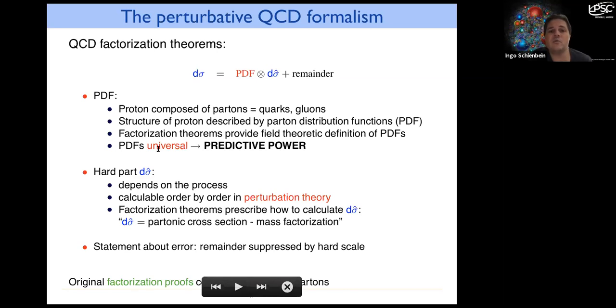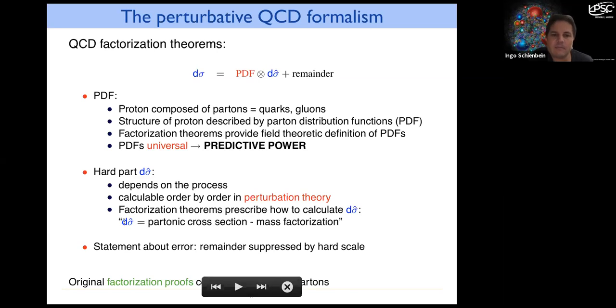If the parton distributions were not universal, you could use them for one process, but not to make predictions for other processes. And then, of course, the entire formalism is much less charming. The hard part is process dependent, but calculable in perturbation theory.